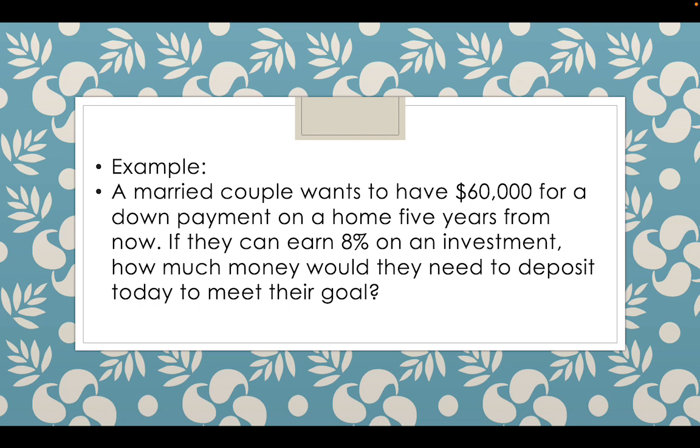If you put in something less than 60,000 at 8% for 5 years, it will grow toward 60,000. So for instance, if we put in, like, $10,000 today in the bank, it's going to grow for 5 years at 8%. It's going to get bigger, but it's not going to get to 60,000. You're not going to get 6 times your money at 8% in 5 years.